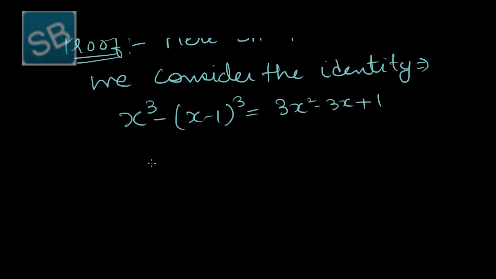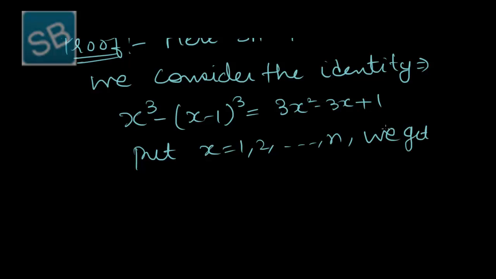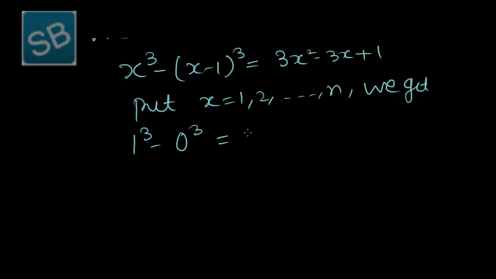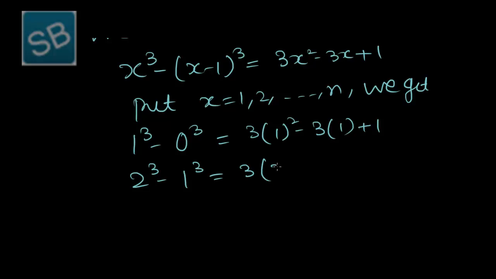Now put x is equal to 1, 2 up to n, we get 1 cube minus 0 cube is equal to 3 into 1 square minus 3 into 1 plus 1. That is 2 cube minus 1 cube is equal to 3 into 2 square minus 3 into 2 plus 1.